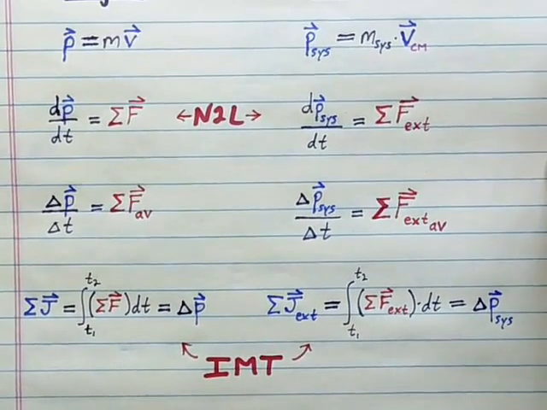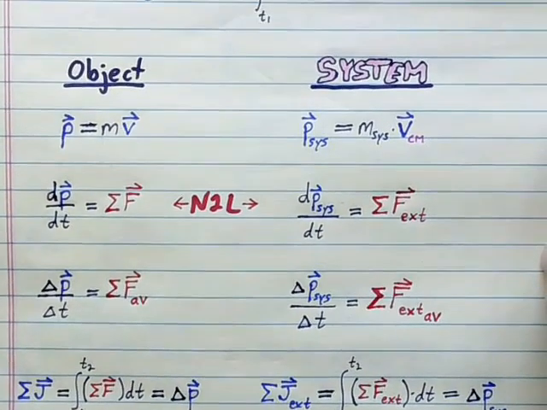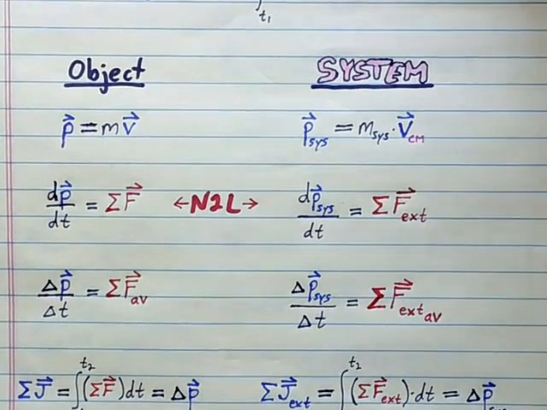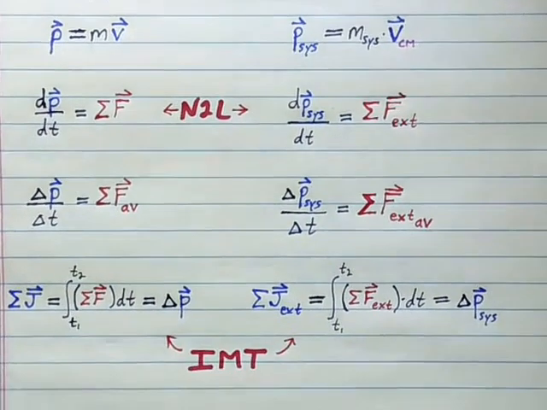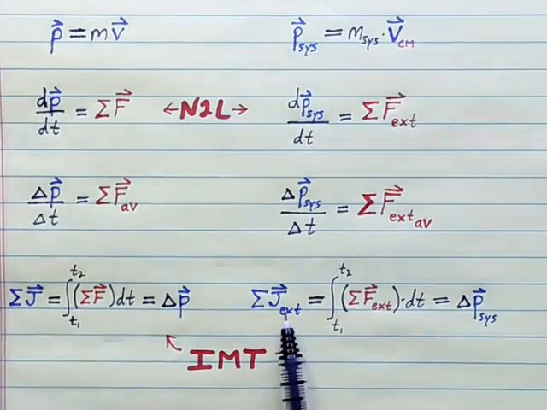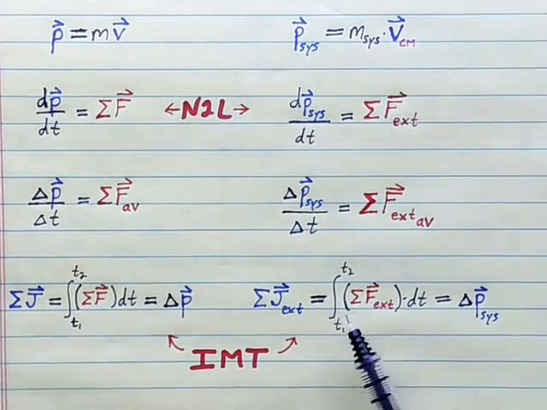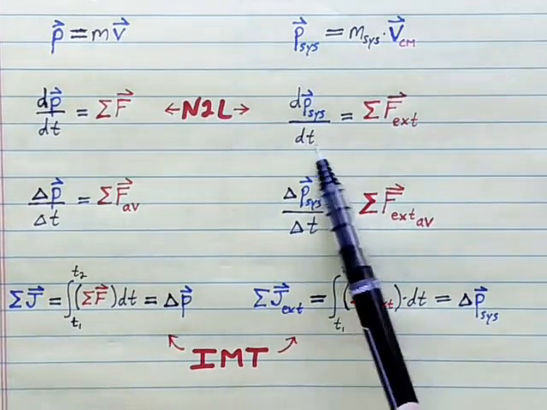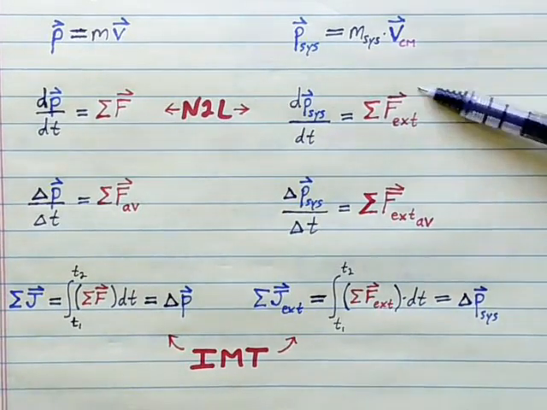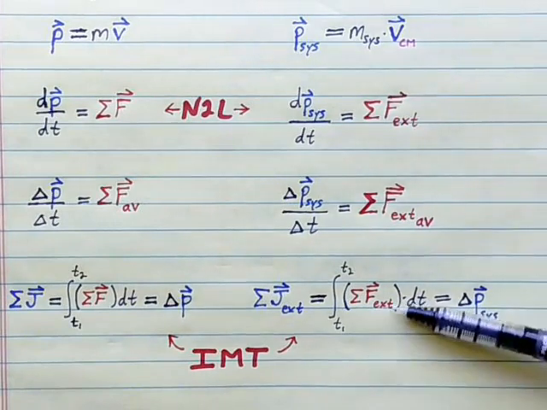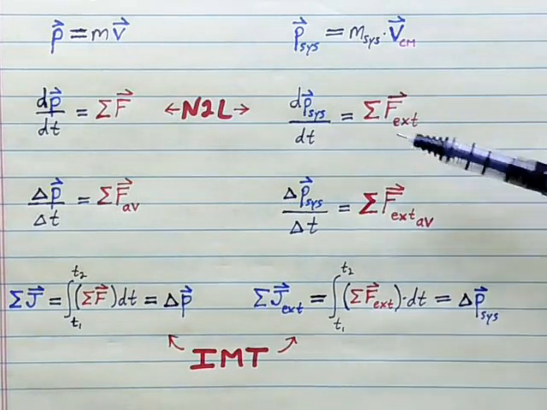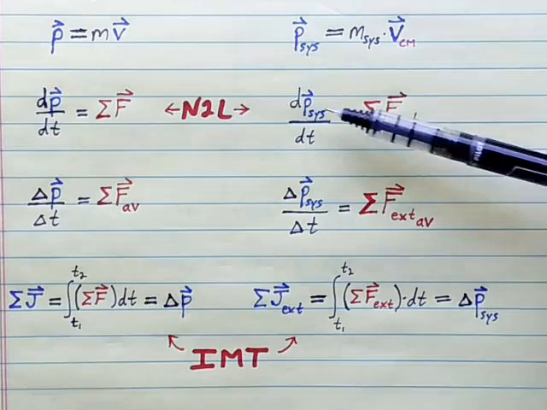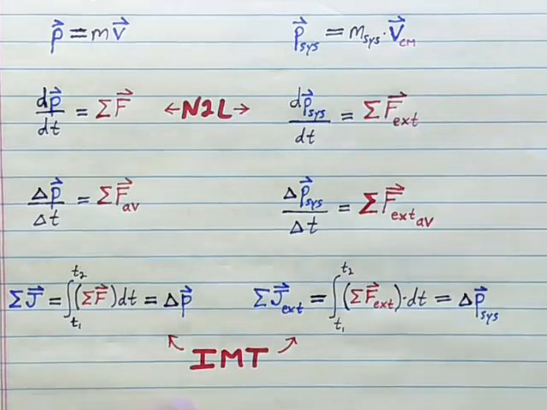Here's our summary of momentum equations, momentum results for objects and for systems. And we see here in the impulse-momentum theorem for a system, and in Newton's second law for a system, it's all about identifying the external forces as opposed to the internal forces. They are the ones, the external ones, that can change the momentum of a system.